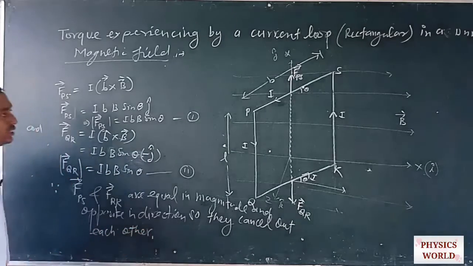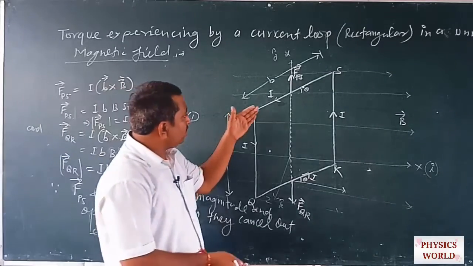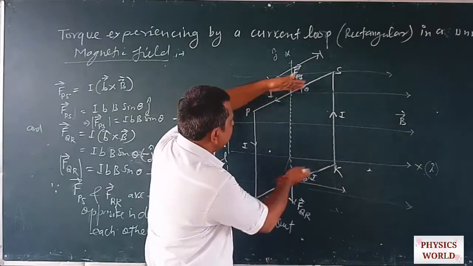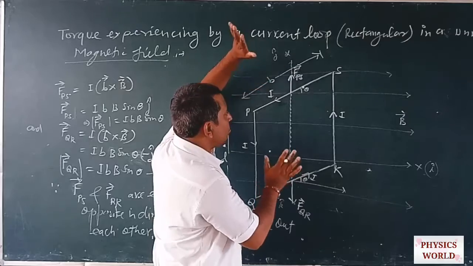It means the net force experienced by both conductors placed in the magnetic field is 0.